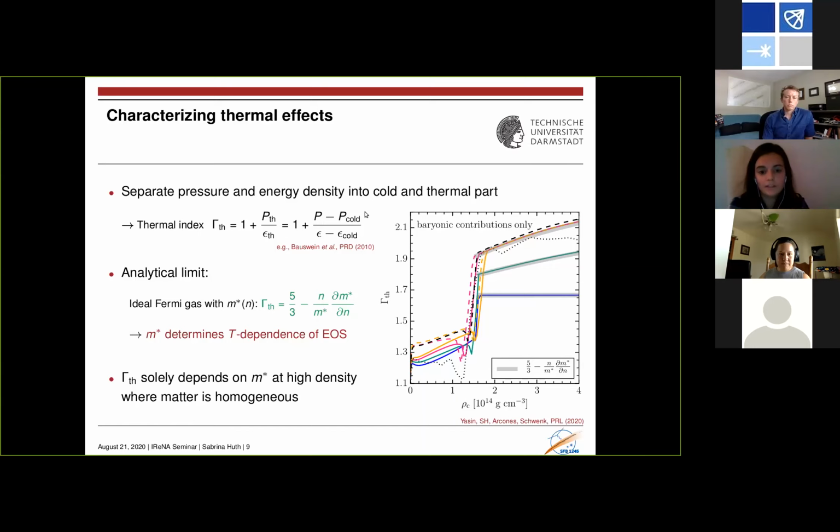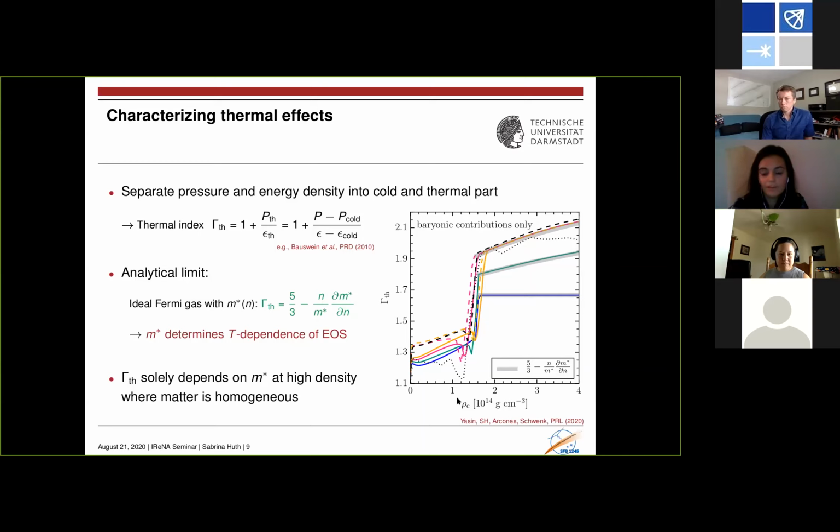In the simulation, we can actually use this expression to calculate the thermal index, because the pressure and energy density we just get out of the simulation at any density, proton fraction, or temperature that is reached within the simulation in the trajectory. Then we get the cold pressure and the cold energy density from using the same density and electron fraction, but the smallest temperature that is available in the equation of state table that we use for the simulation. The results for the thermal index are shown here as a function of density.